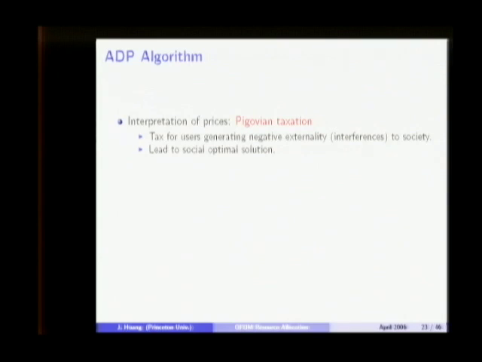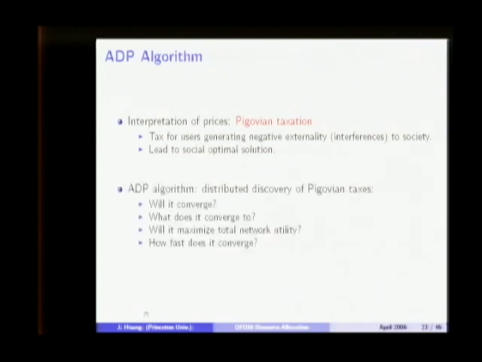You have to pay tax for your bad behavior. In our communication system, the bad behavior is interference, so you have to pay tax. The way to calculate the Pigovian tax is exactly the same way as calculating the price here. In economics, Pigovian tax typically leads to socially optimal solutions, at least that's the goal of this taxation. So our ADP algorithm is essentially a distributed process of discovery of the Pigovian tax.